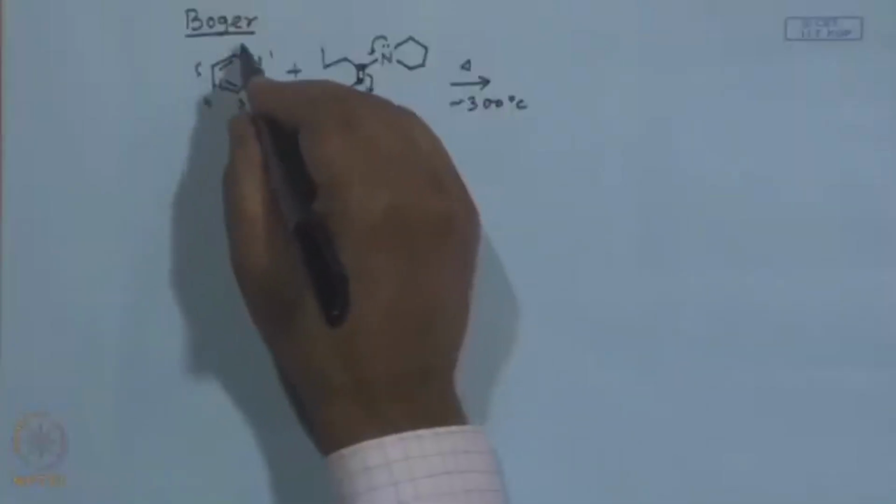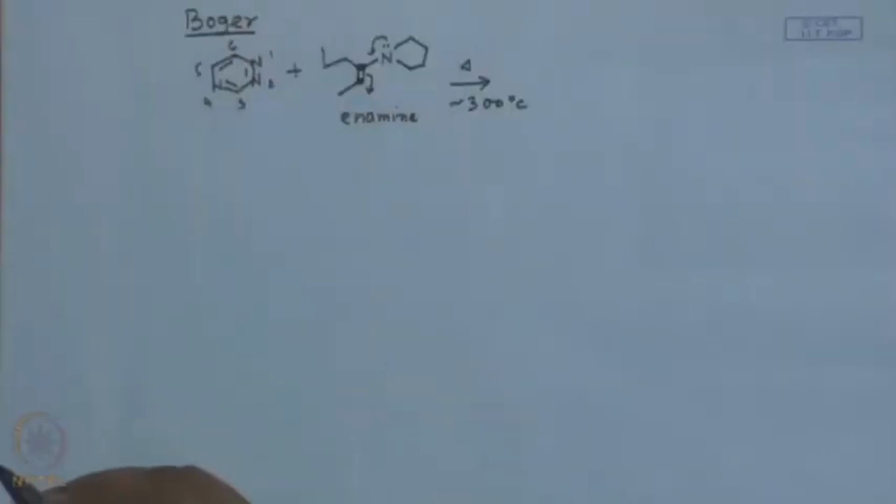Let us say I will give you the numbering 1, 2, 3, 4, 5 and 6. So, which atom is electron deficient in triazine? 3. Okay. Why not 6?